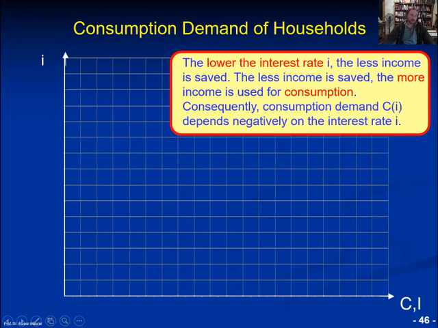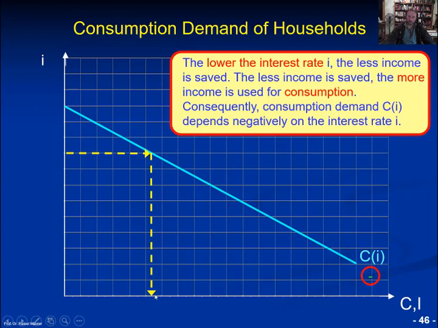So if you transfer these considerations on the market diagram with the interest rate on the y-axis and the consumption level on the x-axis, we obtain the consumption curve with a negative slope. This means that if the interest rate is relatively high, for example this level, then consumption is relatively low, this level.